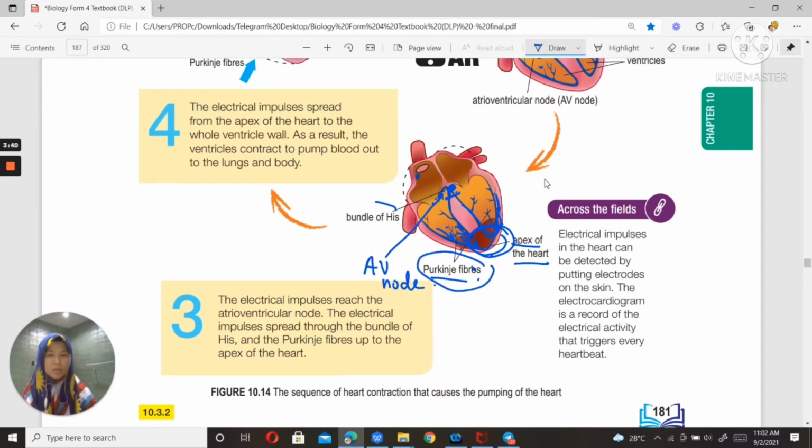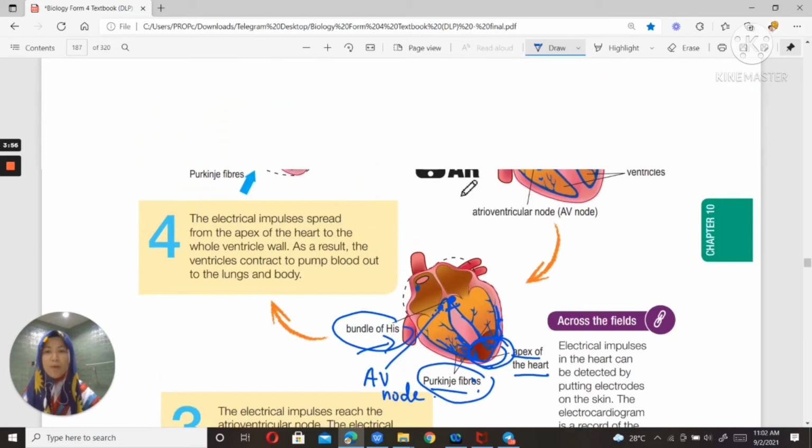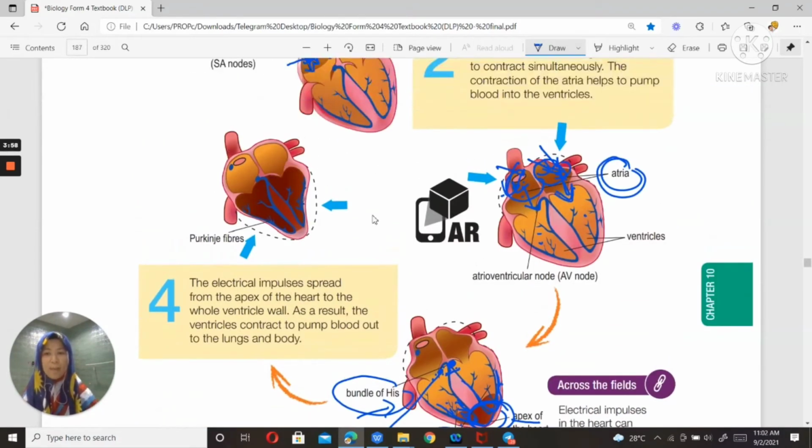All these actually are specialized muscle tissue that is involved in spreading the electrical impulse over both ventricles. Okay, so now the electrical impulse spreads from the apex of the heart to the whole ventricle. That's why both ventricles will contract to pump the blood out to the lungs and the whole body.